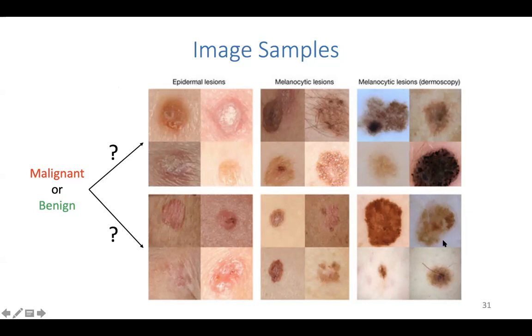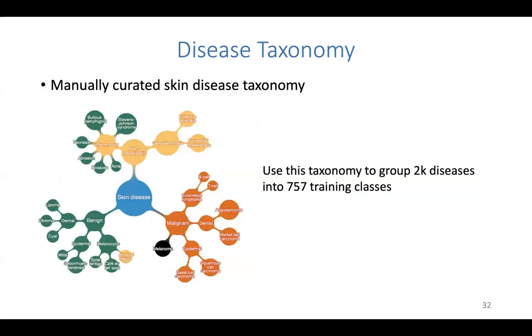So it is virtually impossible for me to decide which one is malignant, which one is benign. But surprisingly, Inception version 3 can do it as well as a U.S. licensed dermatologist.